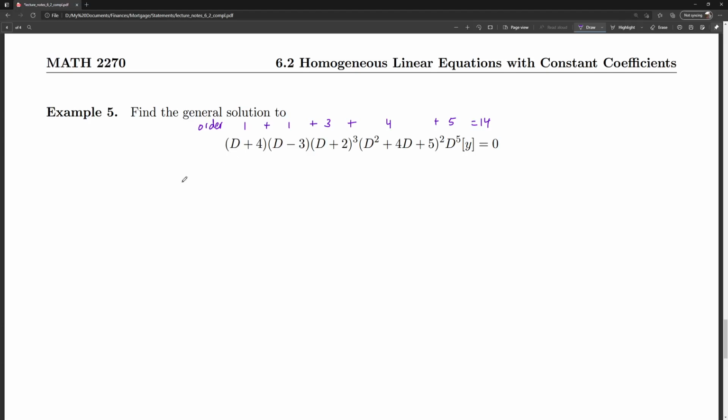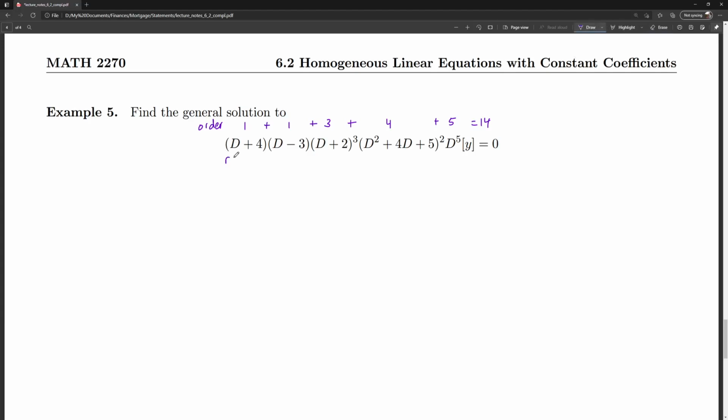Now that seems very intimidating, but since this differential equation is basically already giving us the auxiliary equation in factored form, we can easily find out what the parts of the general solution are. Remember that D + 4 corresponds with r + 4 in the auxiliary equation.